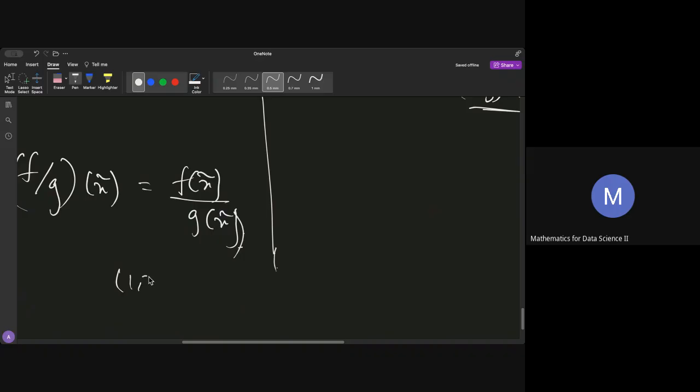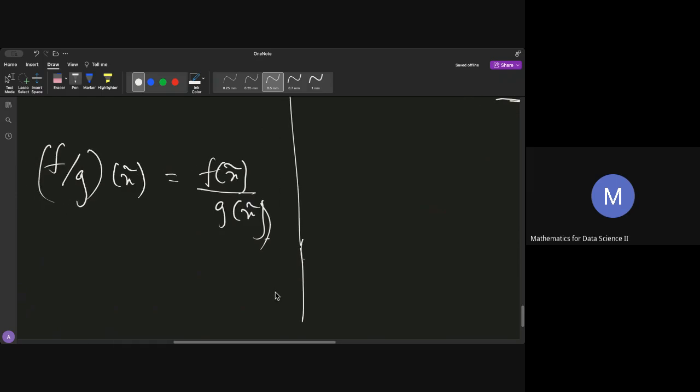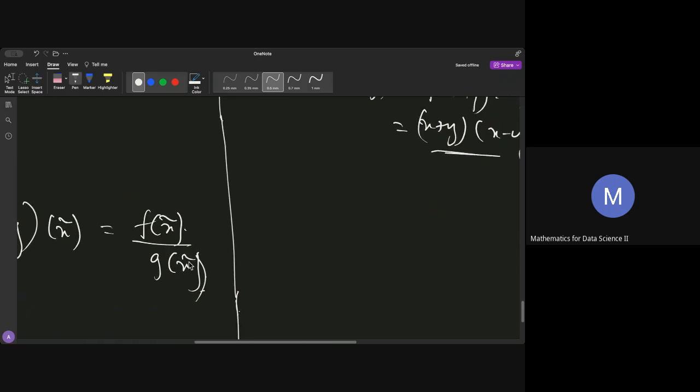If I have (1, 2) by (2, 3), do we know how to divide these two things? This does not even mean anything, right? That's not a thing that we have studied so far, and we don't define division between tuples. So that's why these two should be scalar valued.